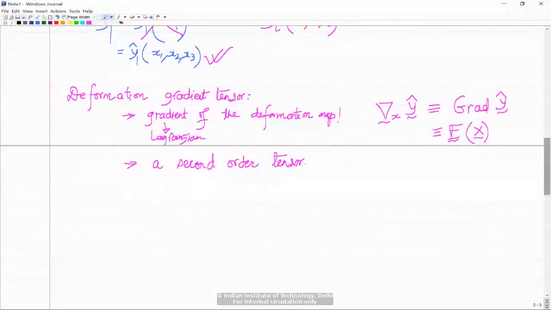So it's just the abstract form, but there is also a formula for the gradient of any tensor. The way it is done is the following.